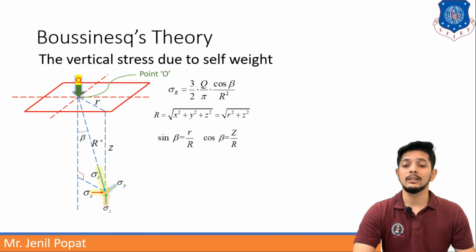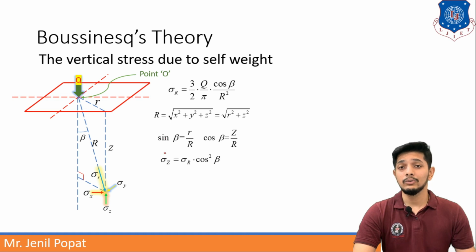Here z square is shown, x square and y square are not shown here, but we can take x square and y square as r square. So we can take capital R is equal to under root r square plus z square. Now sine of angle beta can be written as small r upon capital R, and cos of angle beta can be written as z upon capital R.